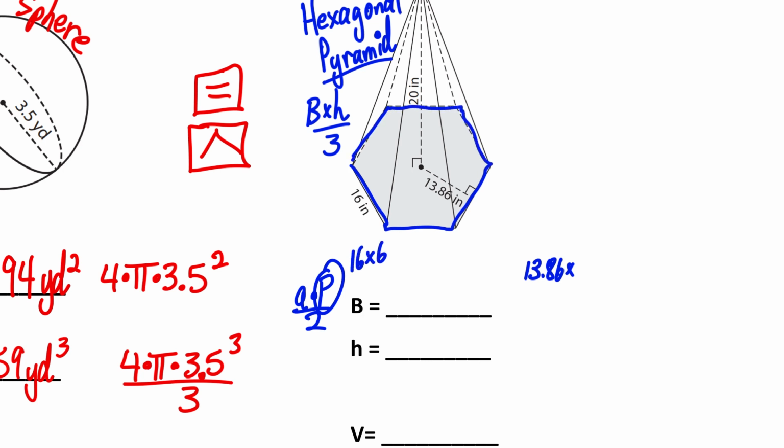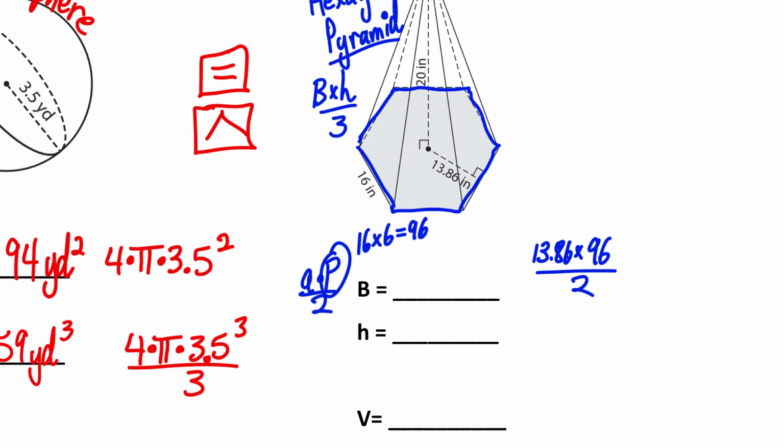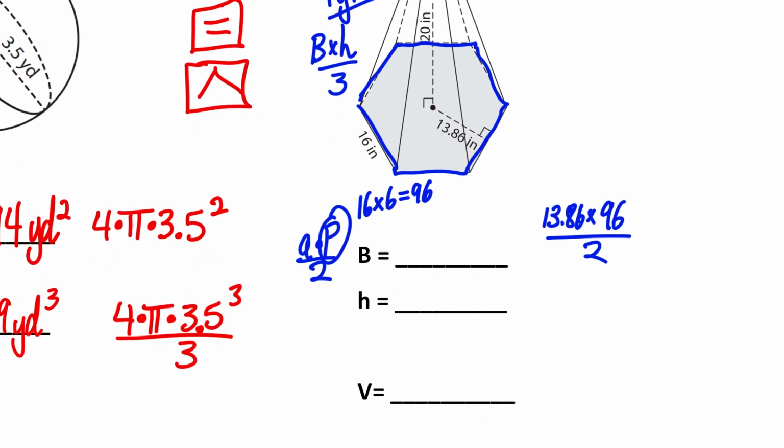In other words, 16 times 6, which is 96. Divided by 2. So 13.86 times 96 divided by 2. What does that give you? There you go.